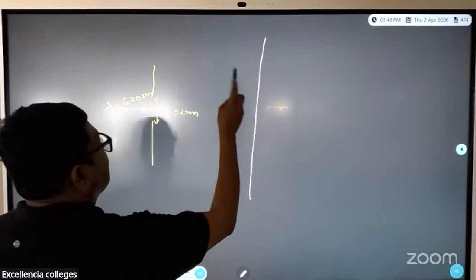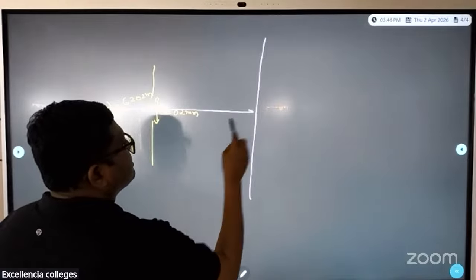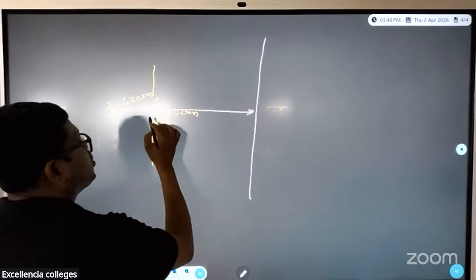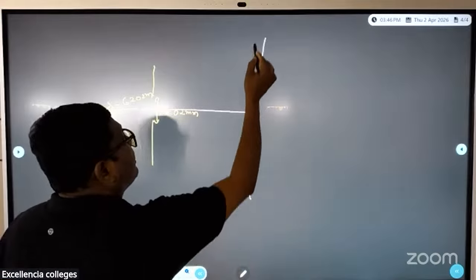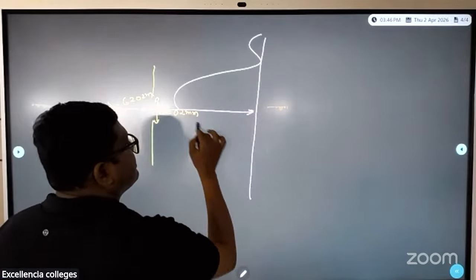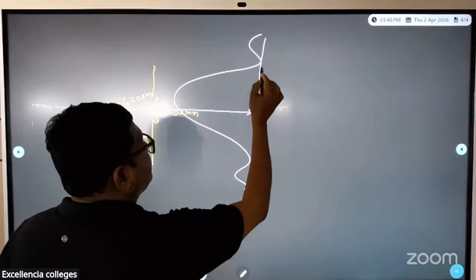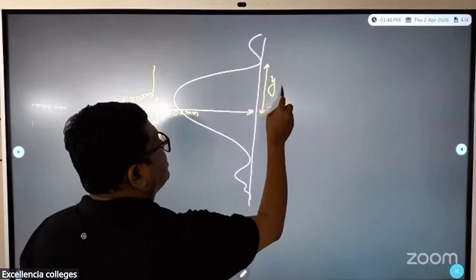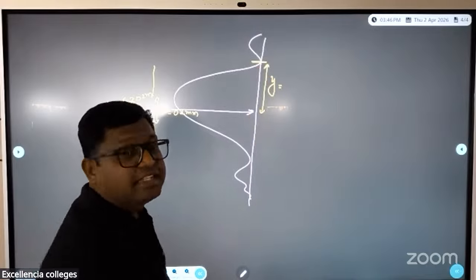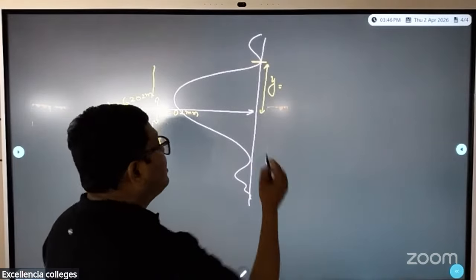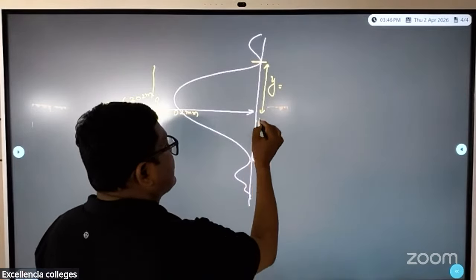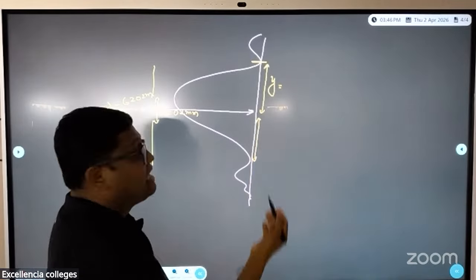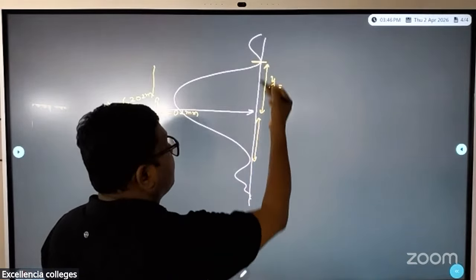So we know that the diffraction pattern will be because of the superposition of the secondary wavelets. And we can see that this is how the diffraction pattern will be. This is the first secondary minima. So the distance between the first secondary minima on either side will give you the fringe width.